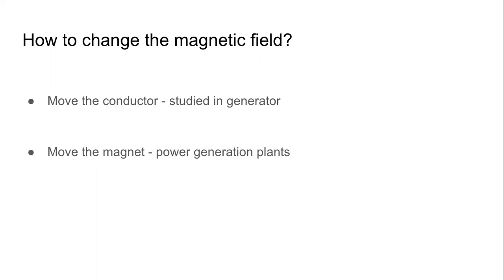If we change the position of the conductor, then also current will be induced. If we change the magnetic field, then also current will be induced. And this is important to note. Because what we have studied so far in the previous chapter when we studied the generator is we move the conductor. Remember, the armature moves.